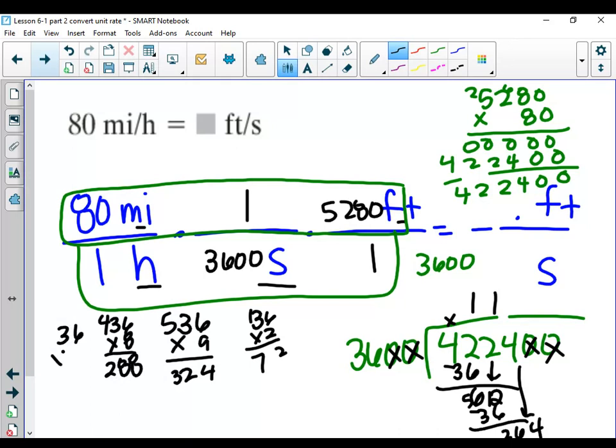Ooh, I try to guess and check better than that. 252.